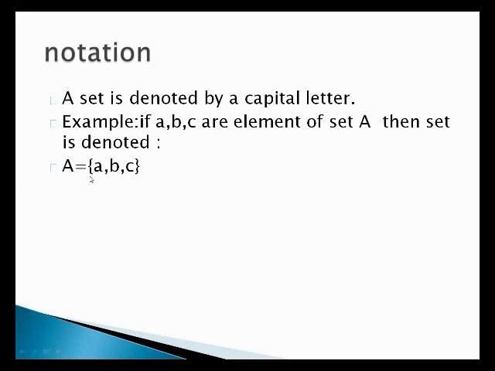This bracket means set of. So we read A is equal to the set of the first three alphabets, which are a, b, and c. As you observe here, for denoting this set, we use a capital letter.